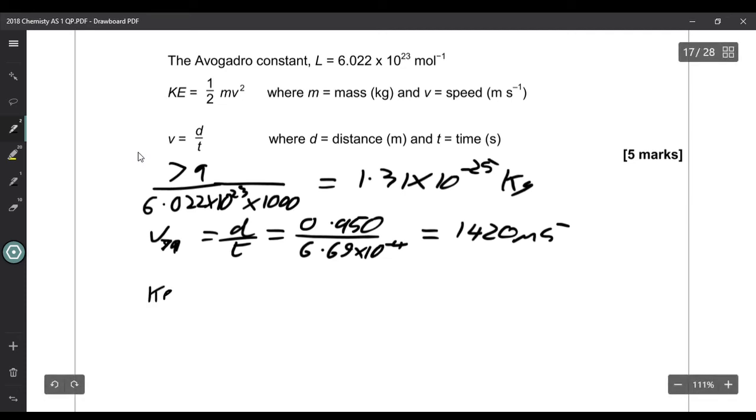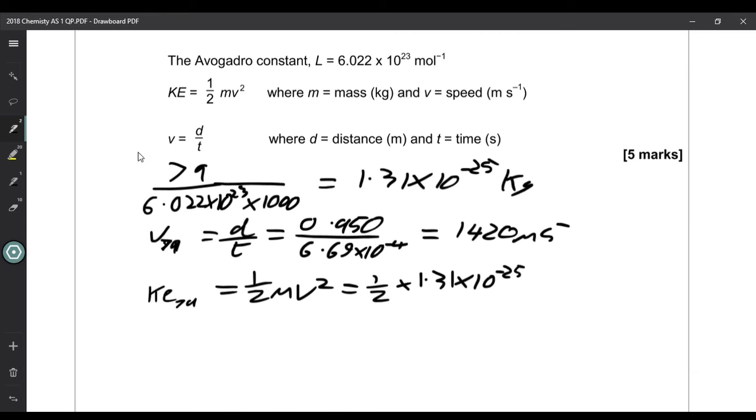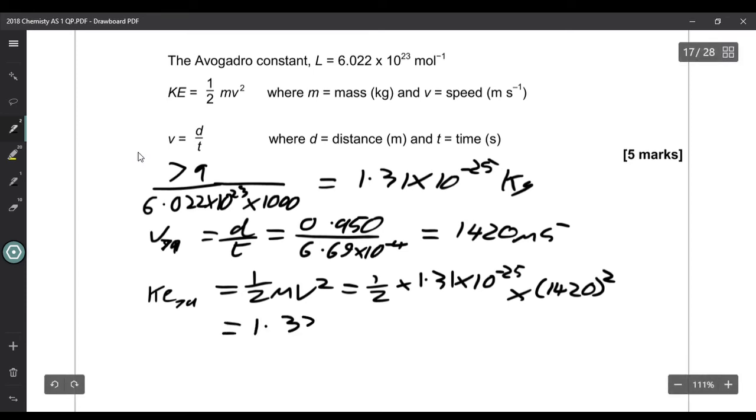So the kinetic energy for 79 was half mv squared, which equals half times the 1.31 times 10 to the minus 25, which we'd calculated in the previous part, times the velocity squared, which is 1420 squared, and that gives us an answer of 1.32 times 10 to the minus 19 joules.